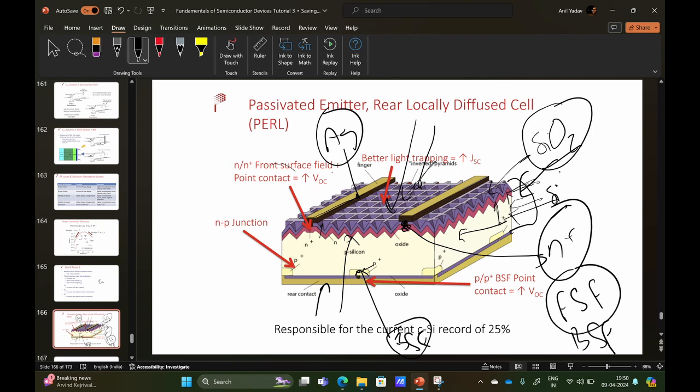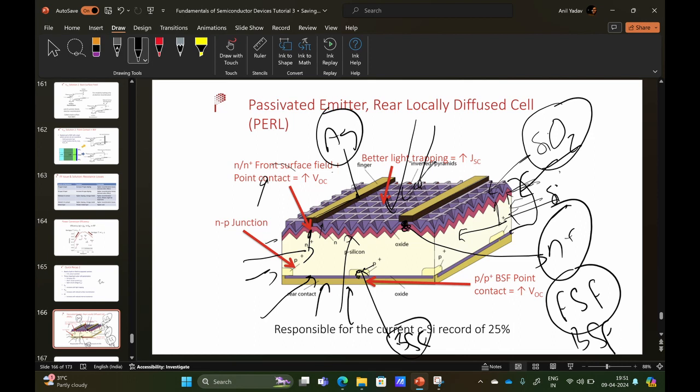There is surface texturing to trap more and more light. There is a very thin N region, and an N plus region to reduce the front surface recombination. There is a P region, a P plus region, an SiO2 layer, and a back contact.